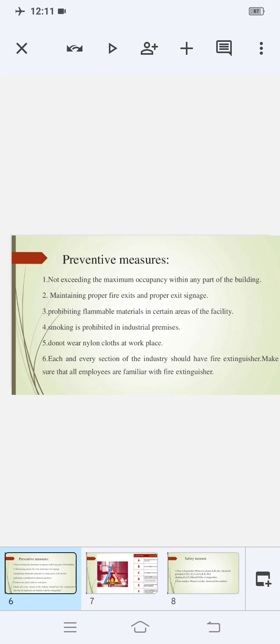The third one is fire extinguishers. Fire extinguishers are always installed inside the designed constructions, and these are designed for extinguishing incipient fires. Incipient fires can be divided into three categories: class A fire, class B fire, and class C fire.